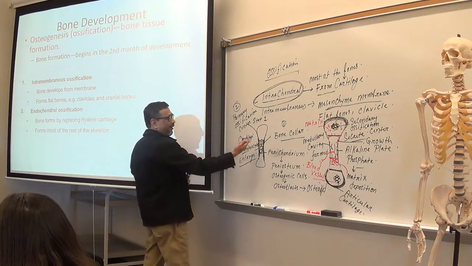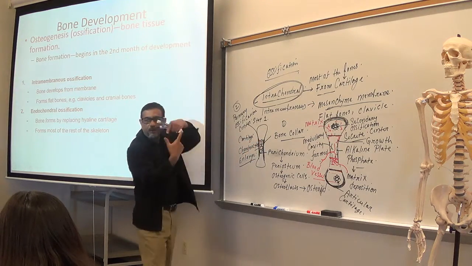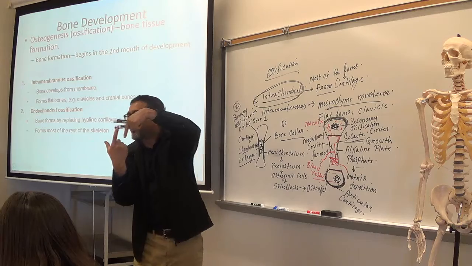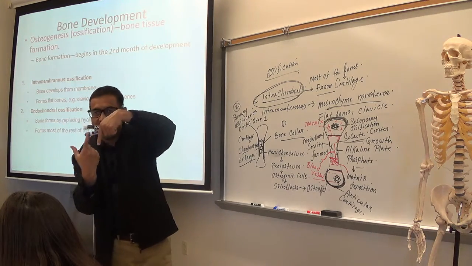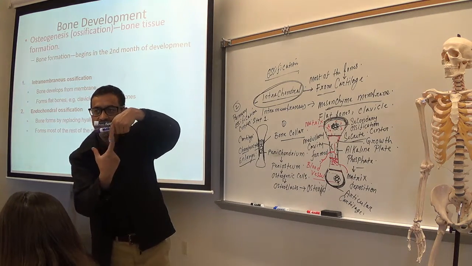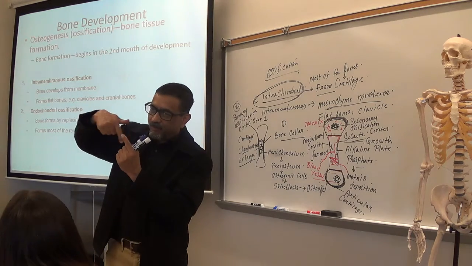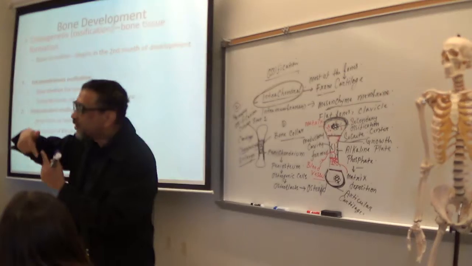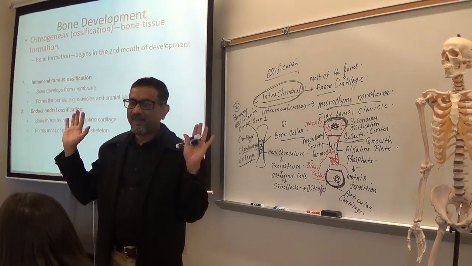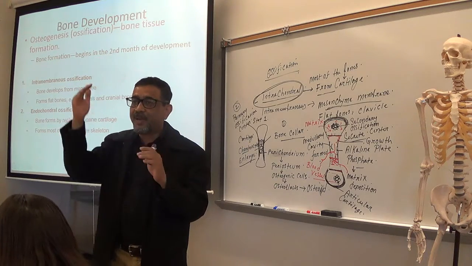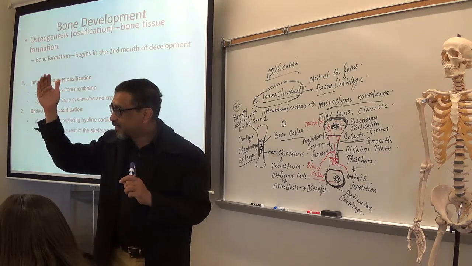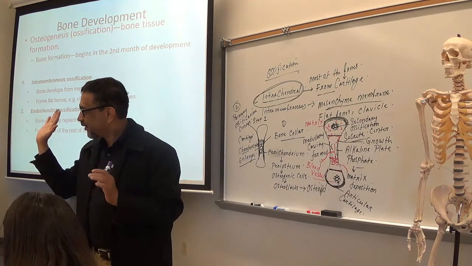Around the cartilage, you have a covering that is called perichondrium. Make sense? Chondrium, cartilage. First thing that happens, the perichondrium becomes periosteum. And you already know periosteum has osteogenic cells, stem cells. Clear?